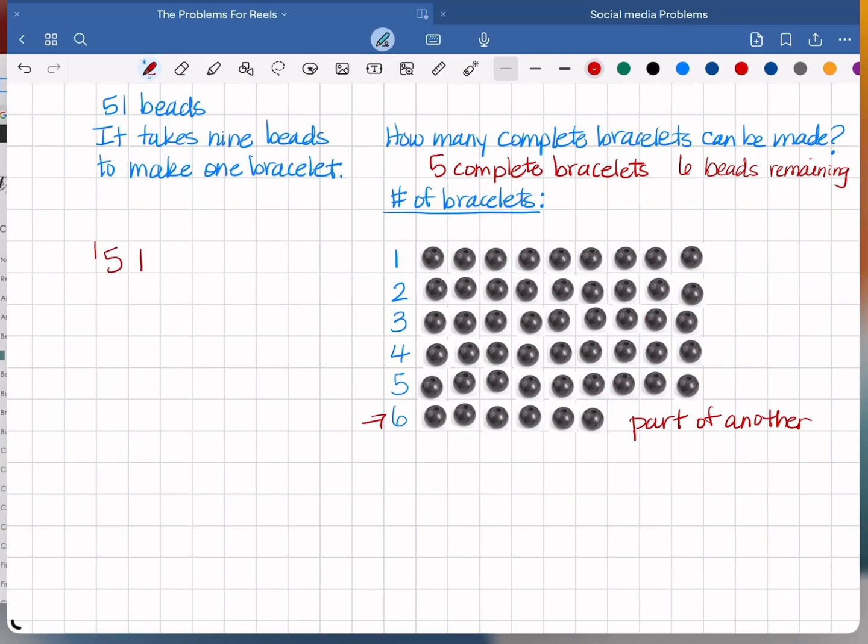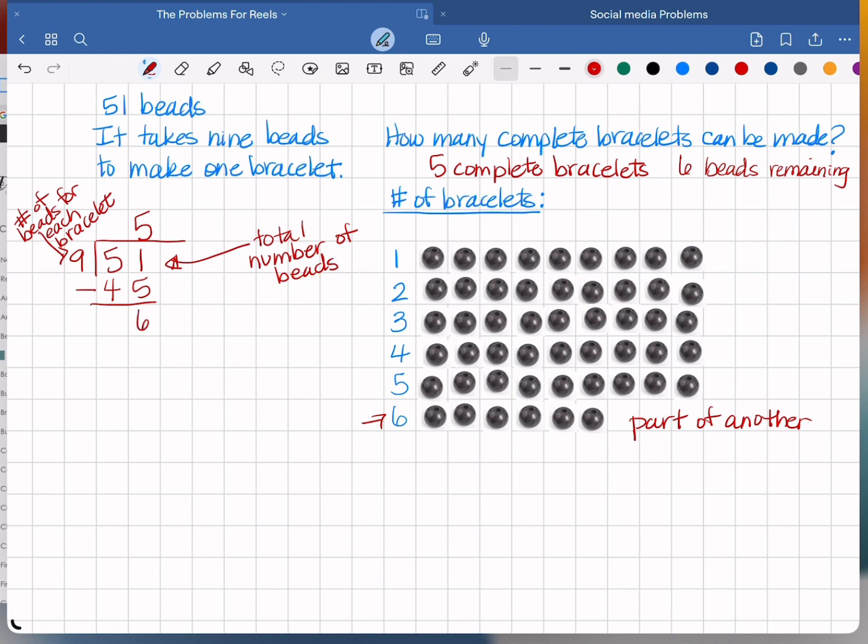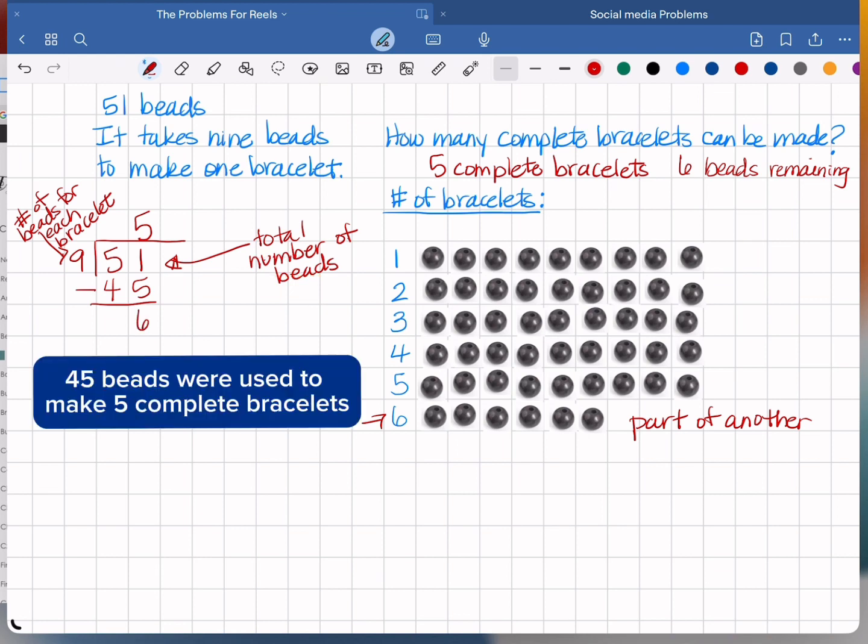And they're able to make that connection when we move to the algorithm, and they have 51 as their dividend, their total number of beads, and they have the 9 that is the number of beads for each bracelet. They understand what it means then when they perform their division, and see that when they divide those out to make 5 complete bracelets, it means that they've used 45 of those beads and they have 6 beads remaining.